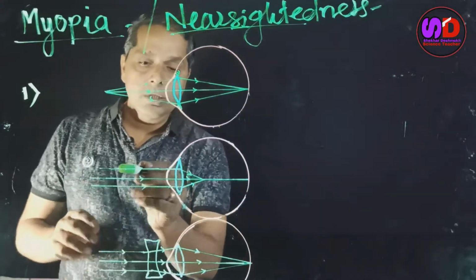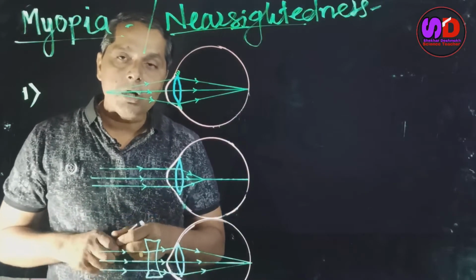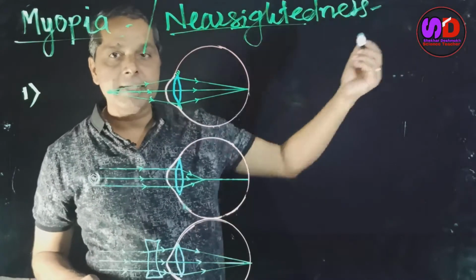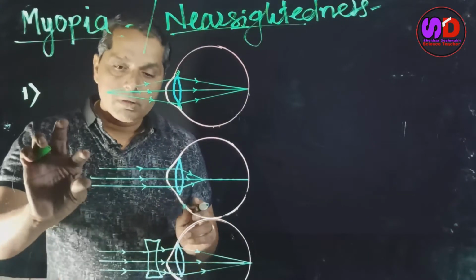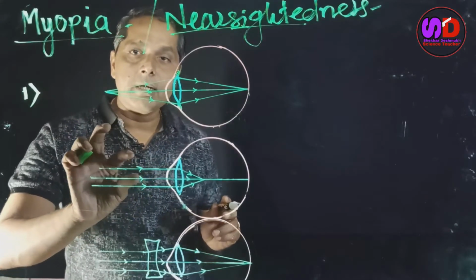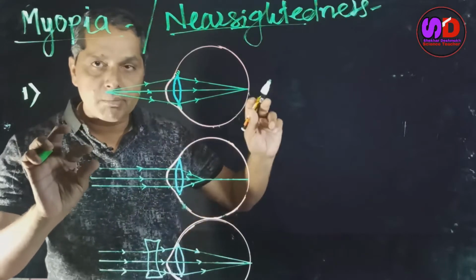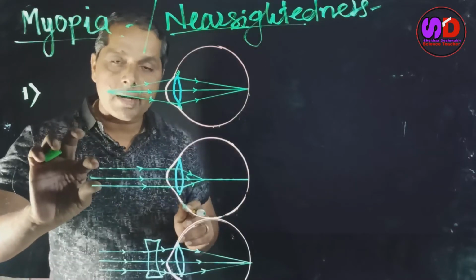Due to this, the light rays from an object at a far distance, from these lines we can understand the light rays coming from a long distance are parallel to each other.